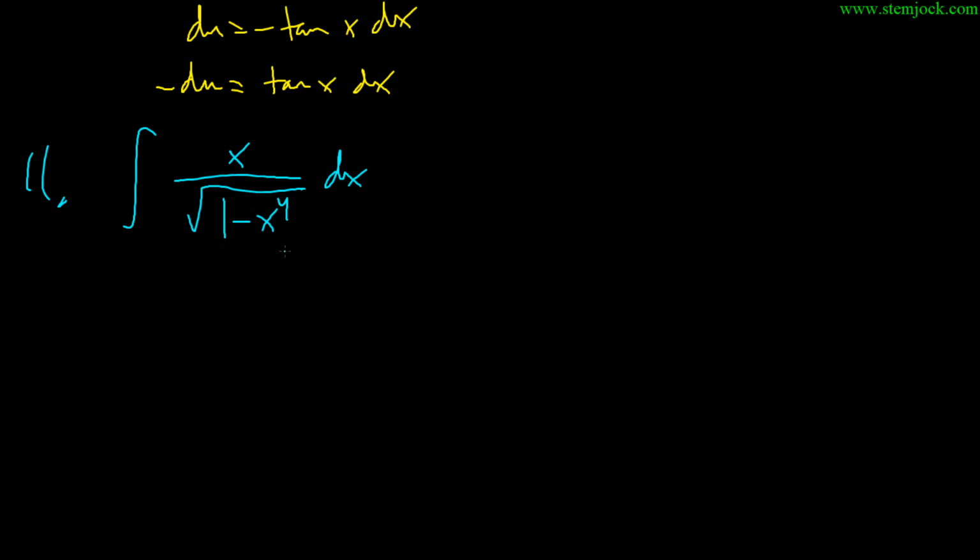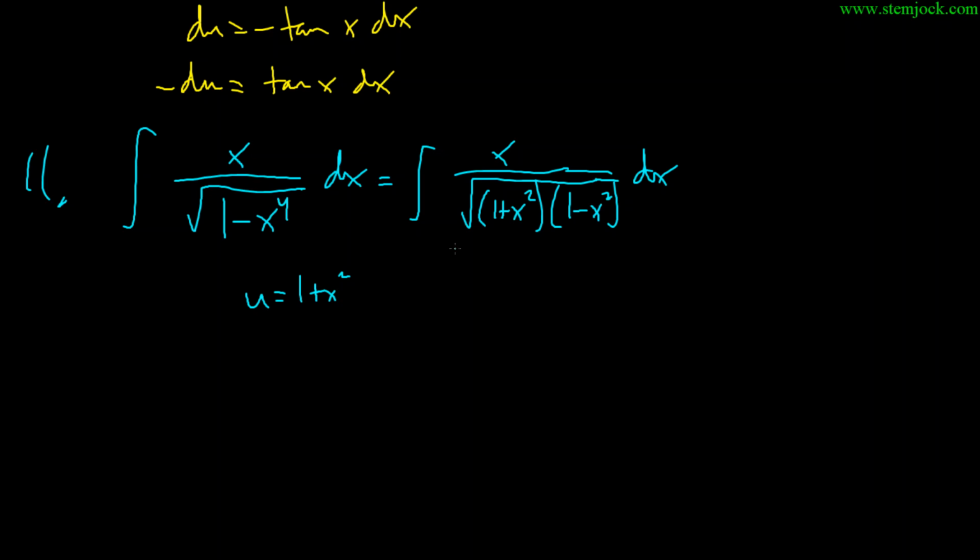So what do we do here? We have to see if we can simplify the denominator somehow. So recognize that this is a difference of squares pattern. So I can rewrite the denominator as x over square root 1 plus x squared times 1 minus x squared dx. Now you might think, okay, let's try u equal 1 plus x squared. So if I do that, I get du equals 2x dx.